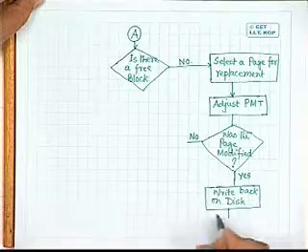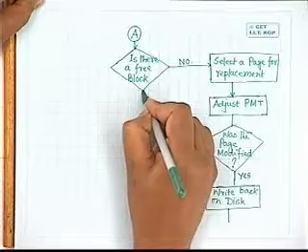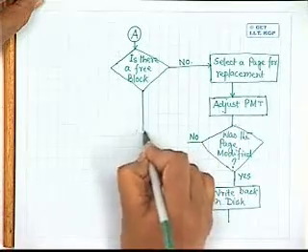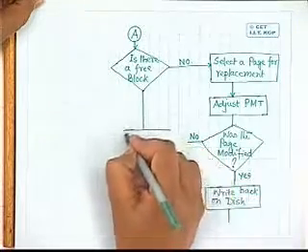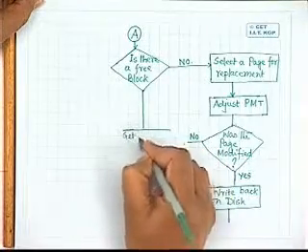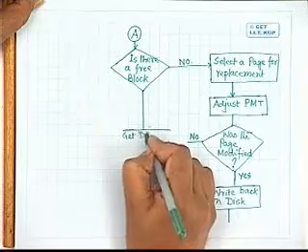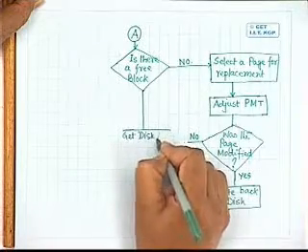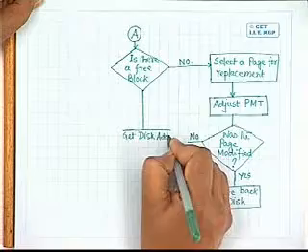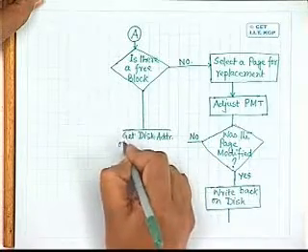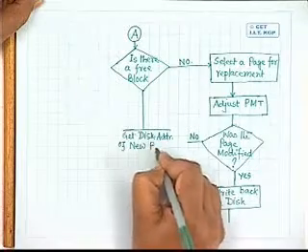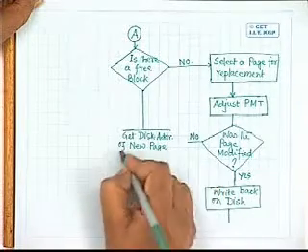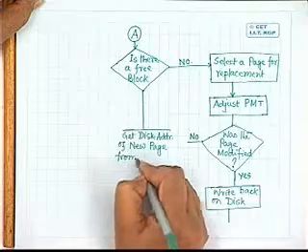After doing this, the next operation that I have to do is get the disk address of the new page from the file map table.